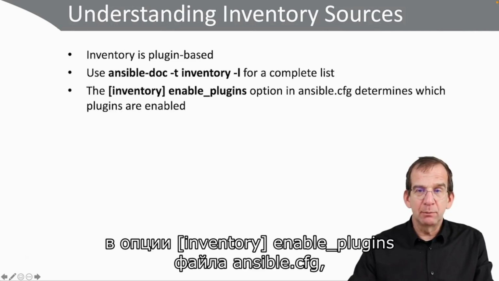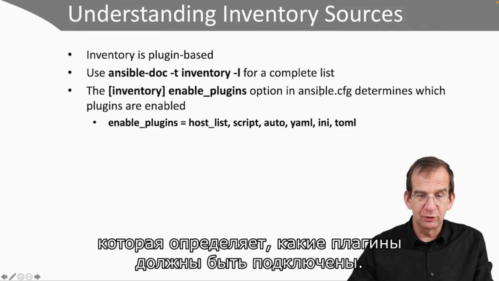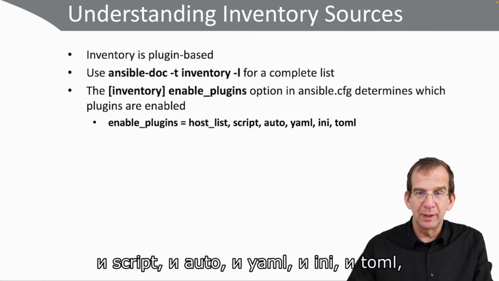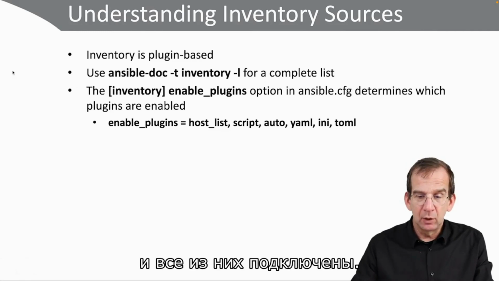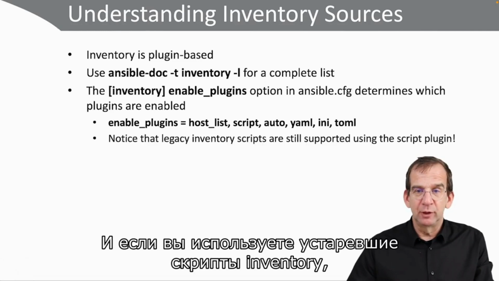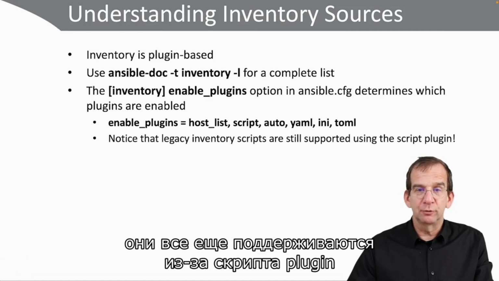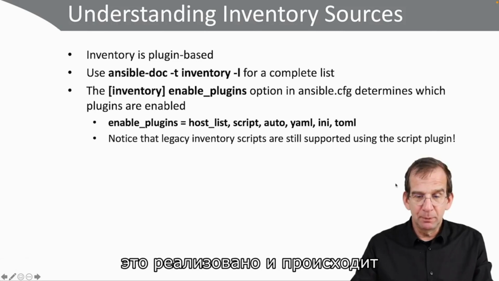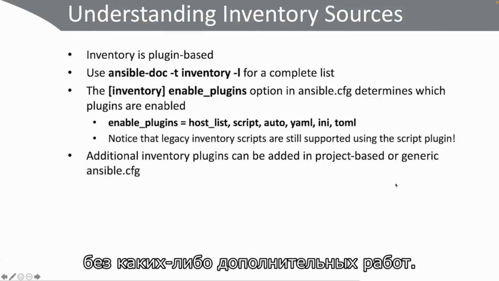The inventory_enable_plugins option in ansible.cfg is how you determine what plugins need to be enabled. So here we can see an example where host_list and script and auto and yaml and ini and toml, all of them are enabled. And if you are using legacy inventory scripts, they are still supported because of the script plugin. That's a nice backward compatibility that is implemented, and that goes without any additional work.